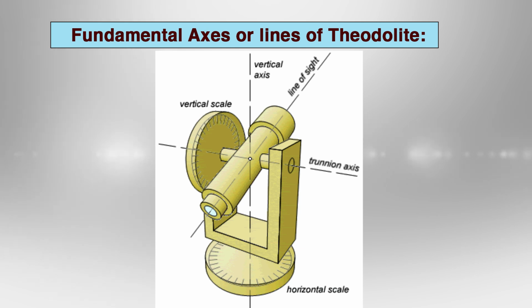It is the line through the optical center of the objective and the eyepiece and the intersection of the crosshair present in the diaphragm, and its continuation. Look at the level tube axis. It is present just parallel to the telescope, and at the bottom, just above the tribrach, we will find the plate level axis.